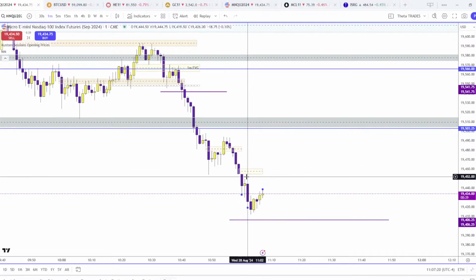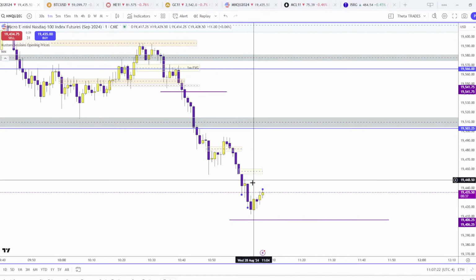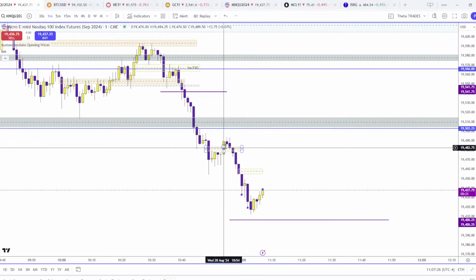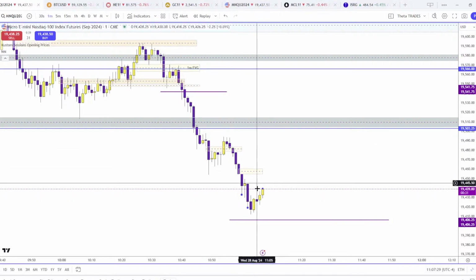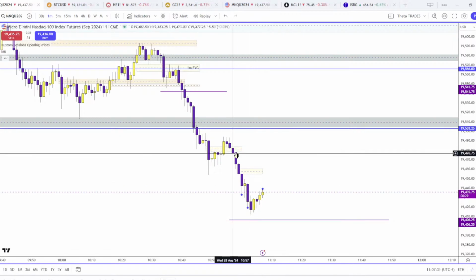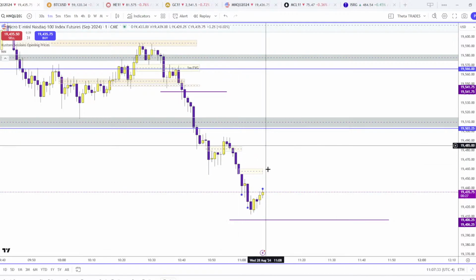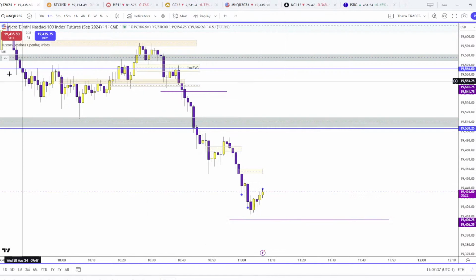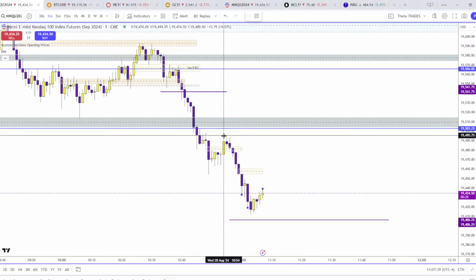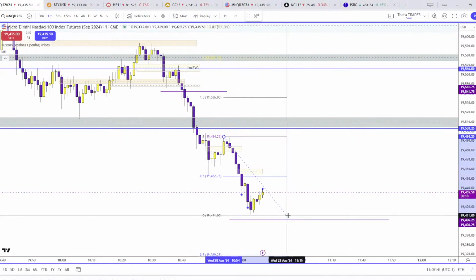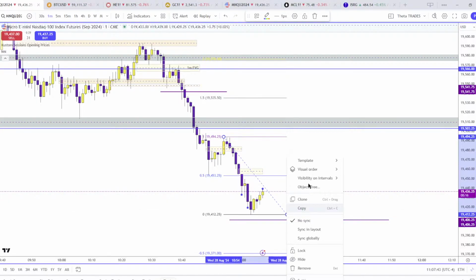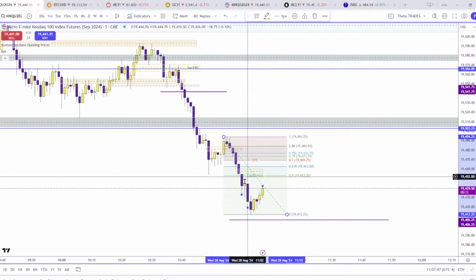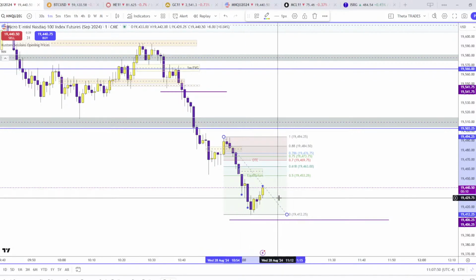So it has to clear this out on a full body close to run back into this range again. Back to here, your optimum trade entry reversal. So keep your eyes on this little area here. 50% sitting right here, 62%.